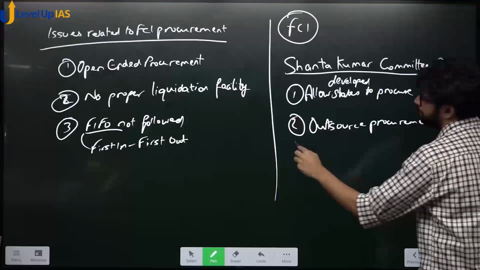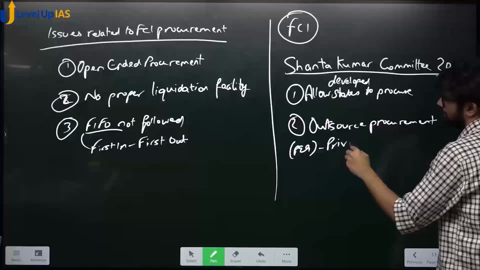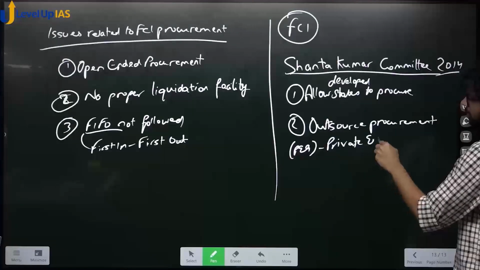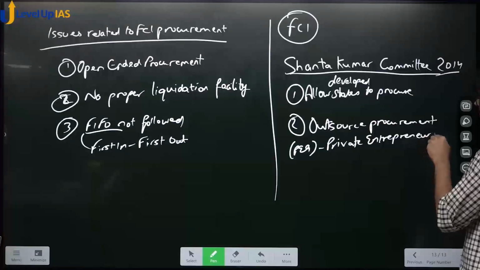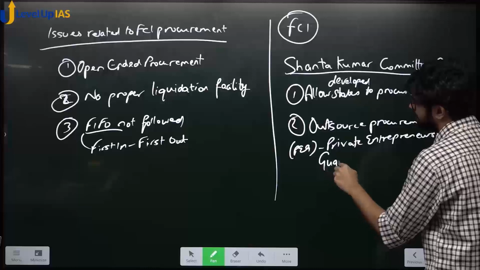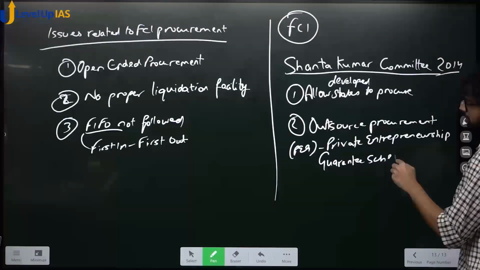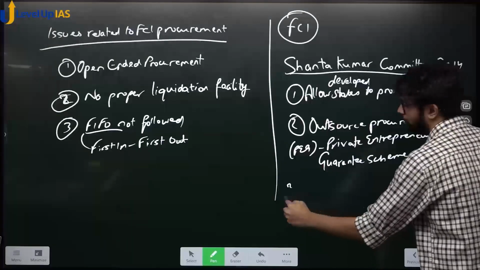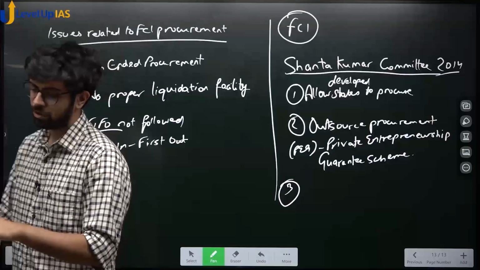It is called the PEG scheme, Private Entrepreneurship Guarantee Scheme. They said do such a scheme, and we have this scheme now.